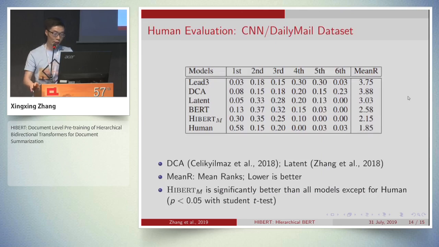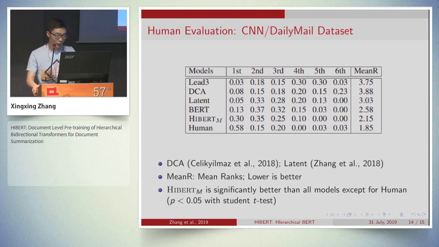Finally, we also did the human evaluation on the CNN Daily Mail test set. We have 6 models here. The first is Lead-3, which just picks the first 3 sentences in the document. The second one is DCA, an abstractive model. The third one is Latent, the latent summarization model we developed last year. It's an extractive model.